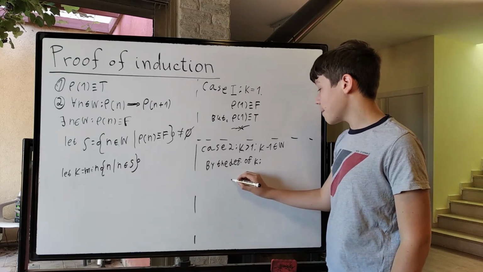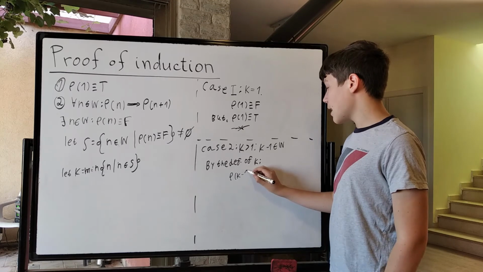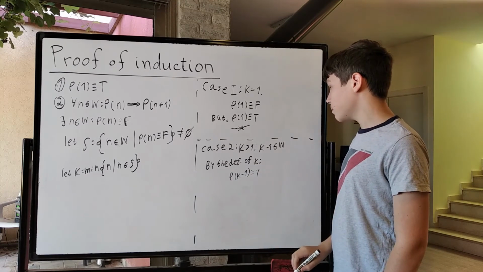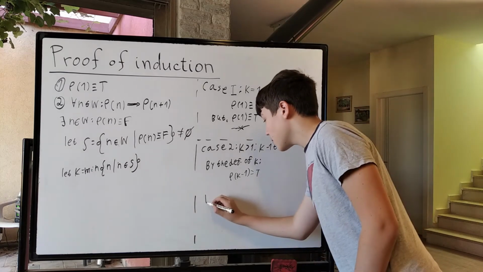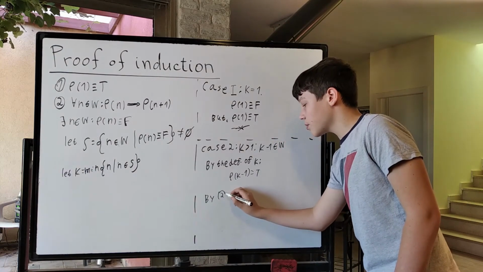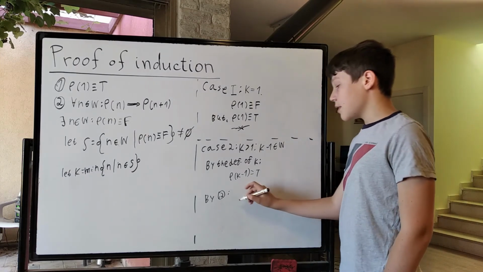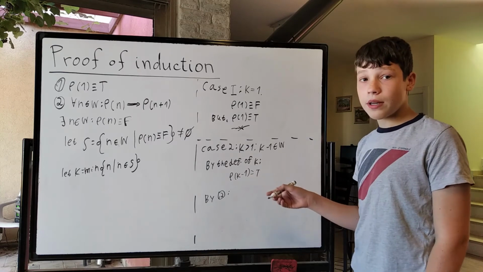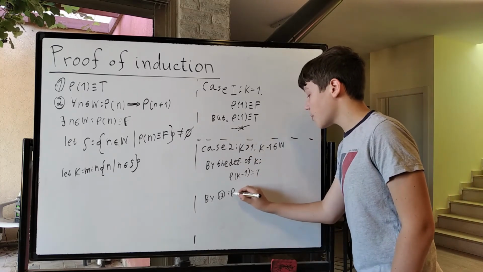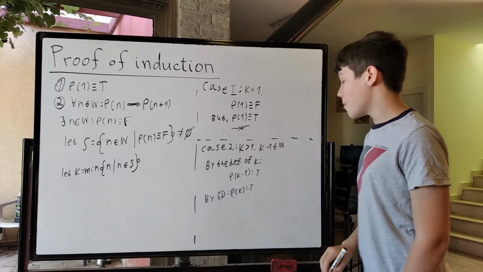So we can say P of k minus 1 is true, but by rule number 2, given number 2, we can say that this implies that we just need to add 1 to k minus 1 to get that the next number is also true. So from here we get that P of k is true.